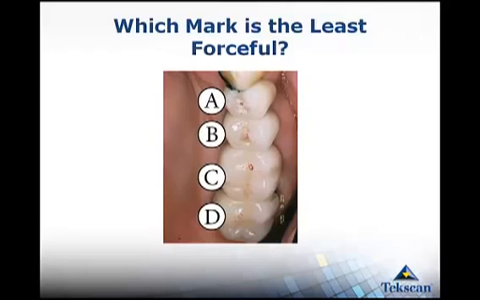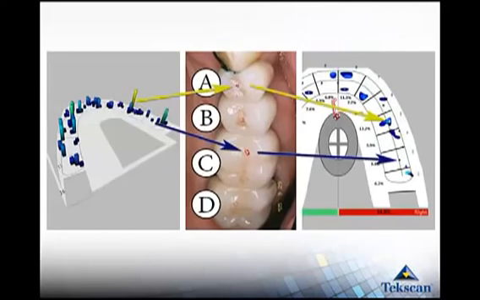When you actually look at the Tekscan results, remember, 60% of you chose C as the highest force, and when you look at Tekscan, C is actually the lowest force. I know a lot of you chose C because of the donut hole shape that's inside, but that's actually the lowest force.